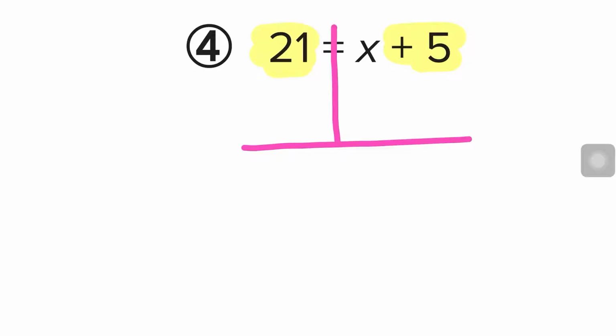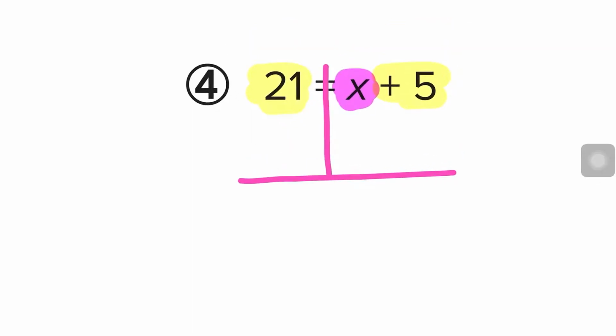Now, your variable likes to be by itself because we're solving for the variable. So I have to move the 5 to the other side. So if I have a plus 5, then the inverse operation is minus 5. Minus 5.